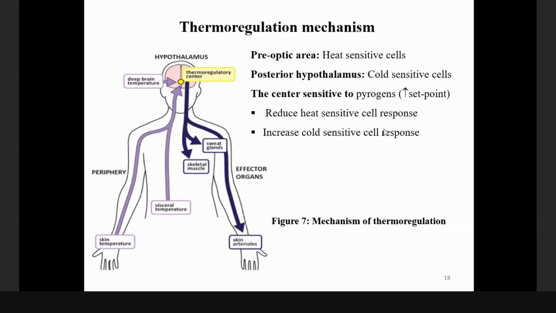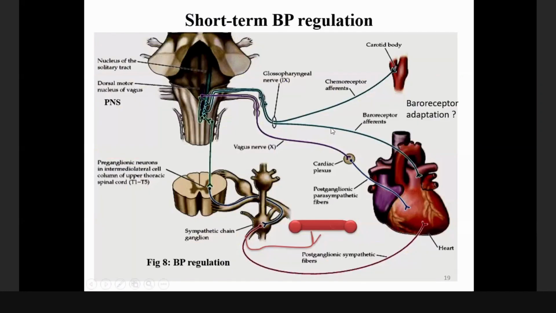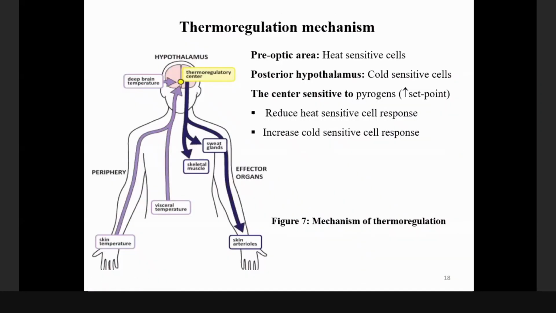So let us assume your body temperature is increased. When your body temperature increases, that's detected by the thermoreceptors in your skin, or the thermoreceptors on the wall of the blood vessels. After they detect the increase in your body temperature, they send a message to the brain.